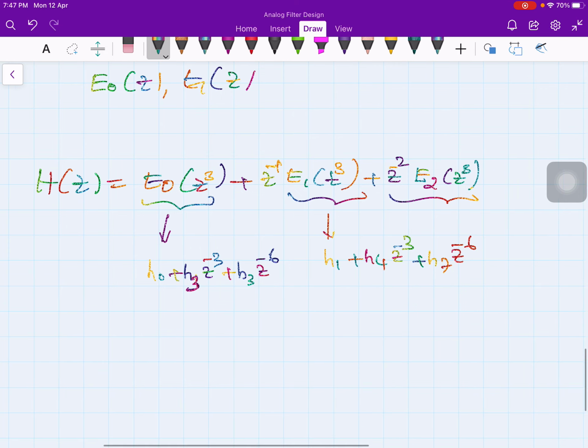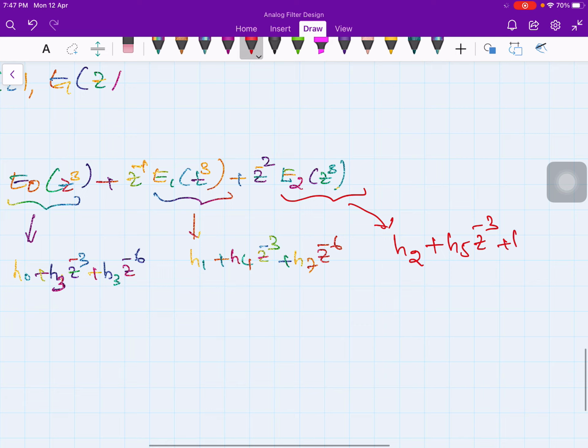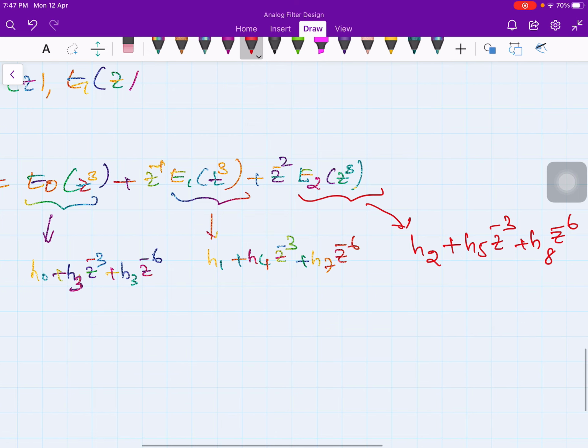And this one, E2 of z cubed, is going to be h2 plus h5 z to the minus 3 plus h8 z to the minus 6. See, here also I have z to the minus 6, here also z to the minus 6, and here also z to the minus 6.